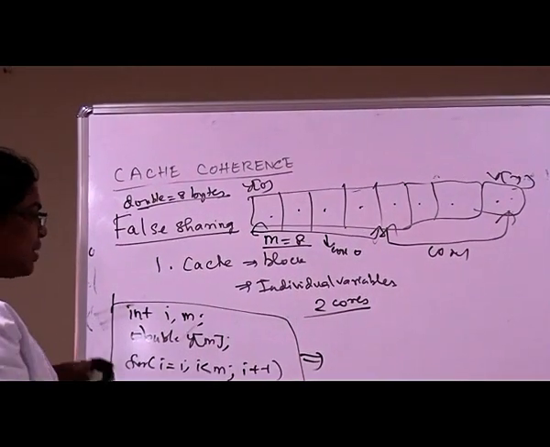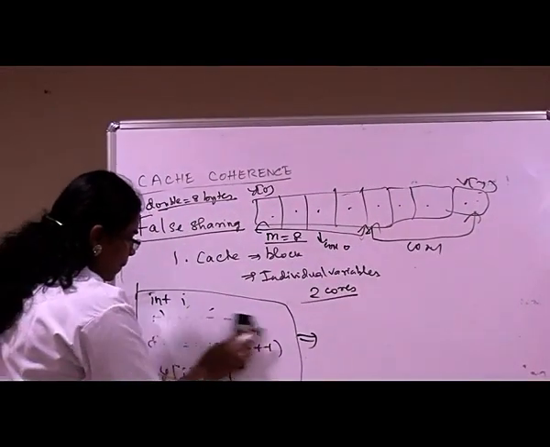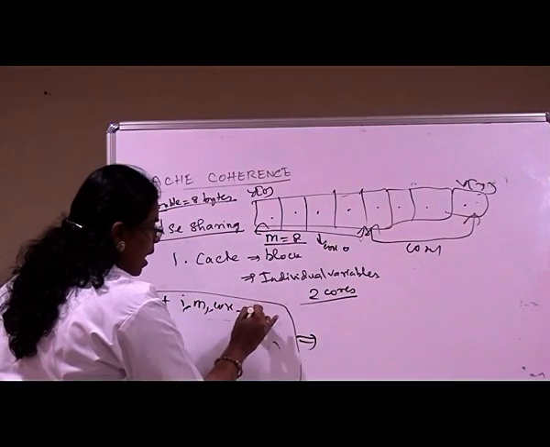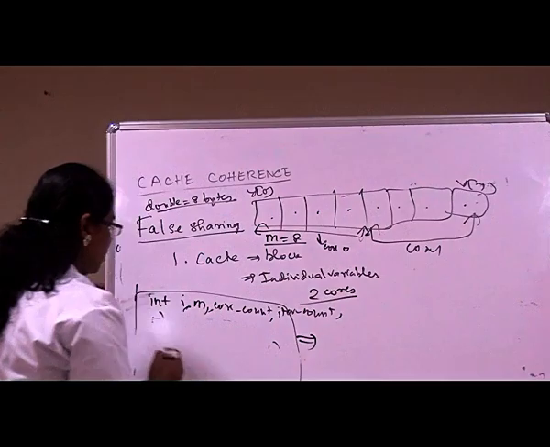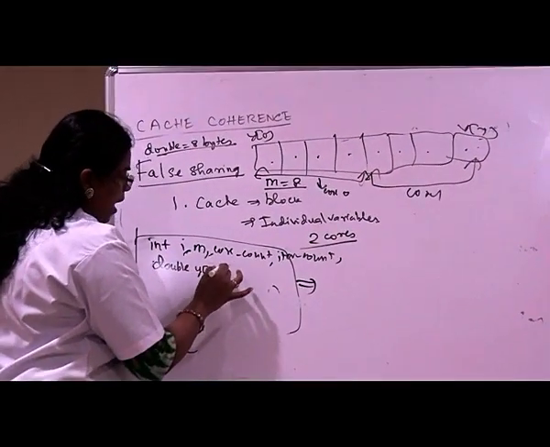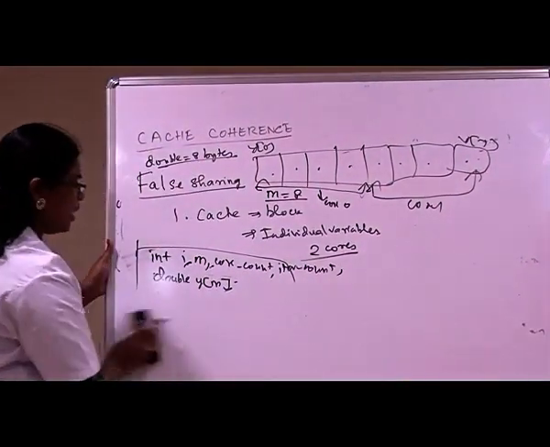For that I am making some changes in the code, with core count and iteration count as variables, and double, as we are going to fetch one double value, add 1 and store it back.